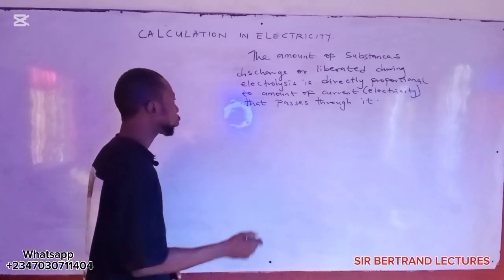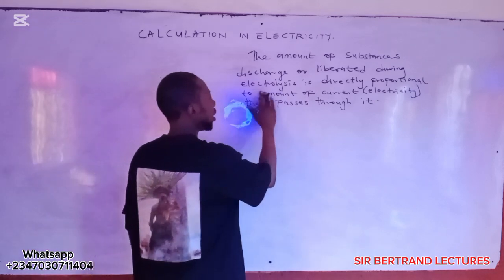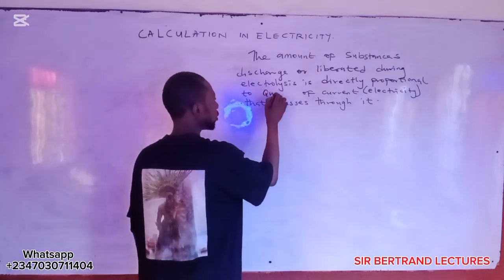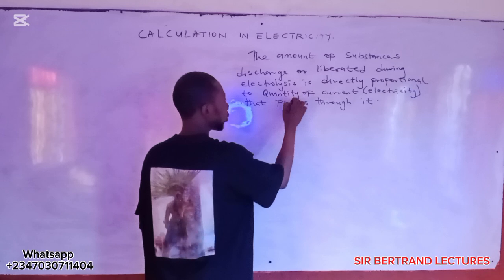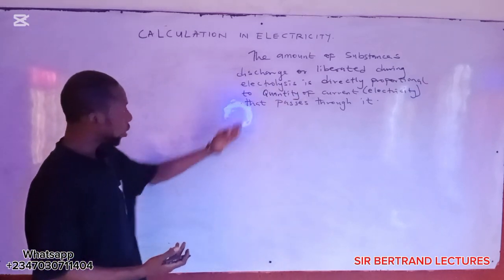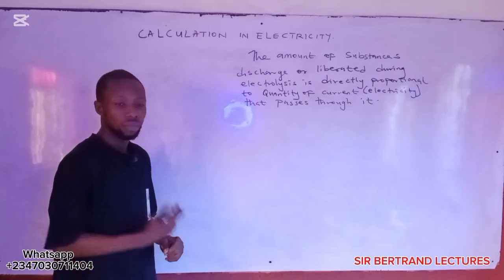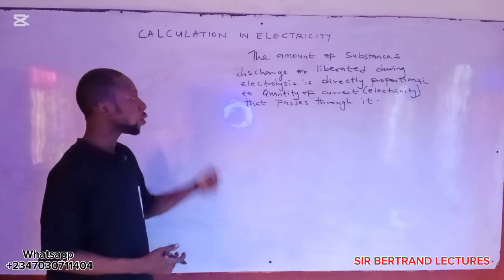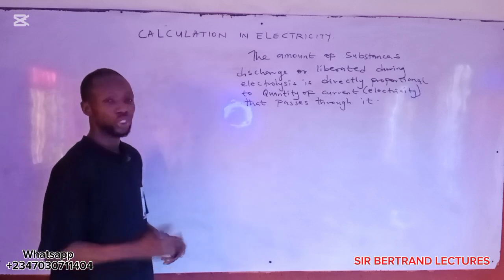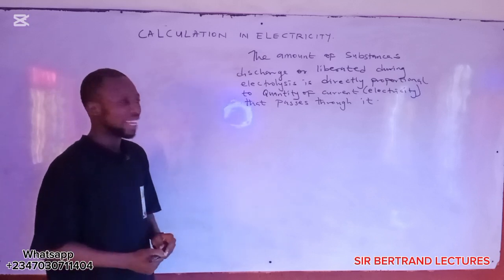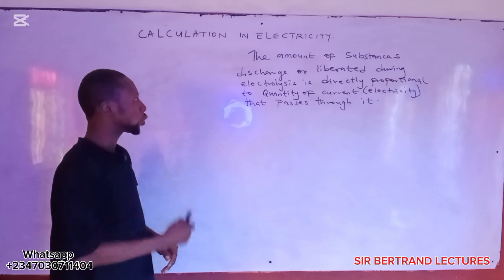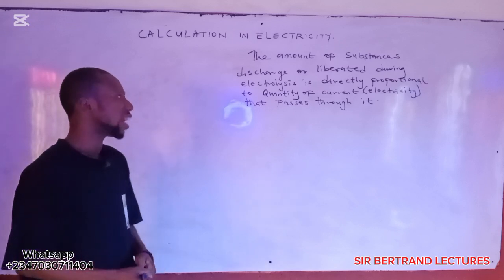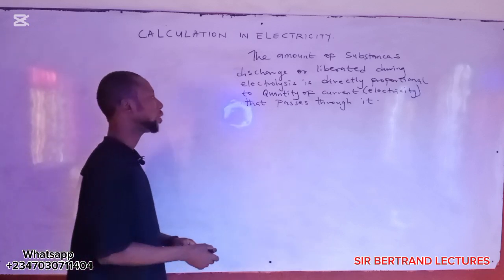Which is also described as quantity. It's the same, but we describe it as quantity in chemistry. The amount of substances discharged or liberated during electrolysis is directly proportional to the quantity of charge that passes through it.